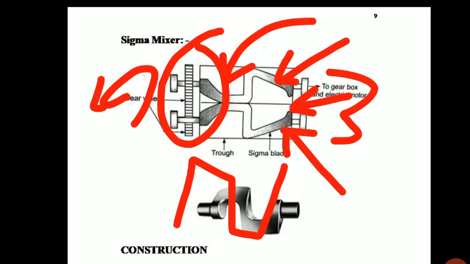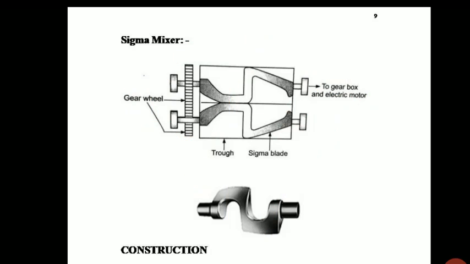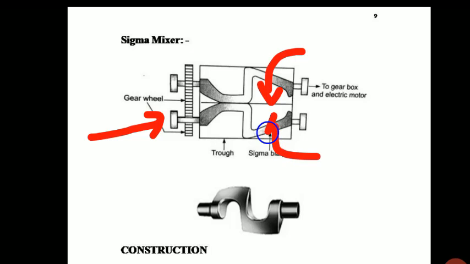The drive system consists of a motor, reduction gearbox and spur gears with grease lubrication. The blades move at different speeds. This blade will move at one speed and this will move at another speed, through the fixed speed drive, and the sigma blades are allowed to rotate.